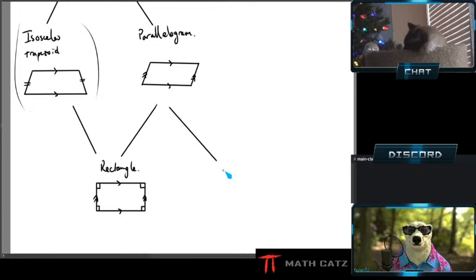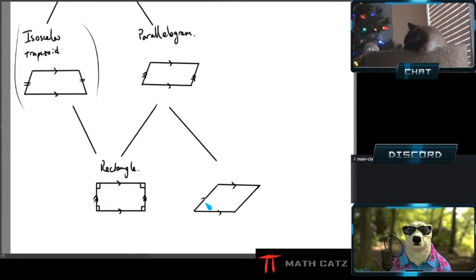Then I can skip the angle requirement and say all the sides should be the same. The angles don't have to be the same. All the sides should be the same. Of course, I still have this parallel aspect to them, right? Just fix my little gap here.